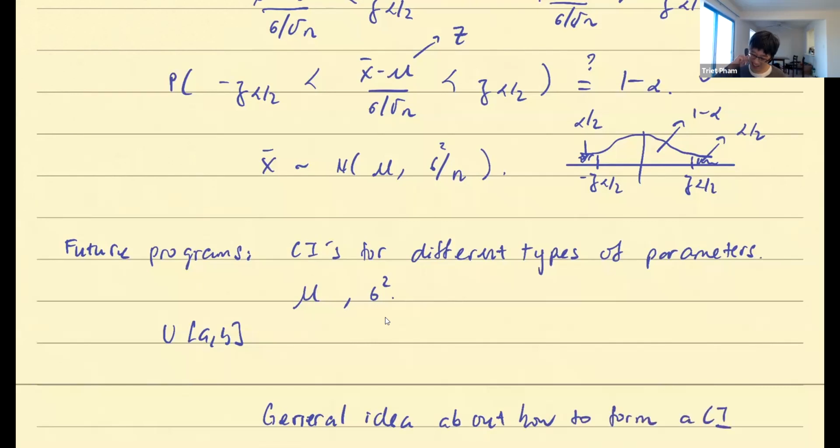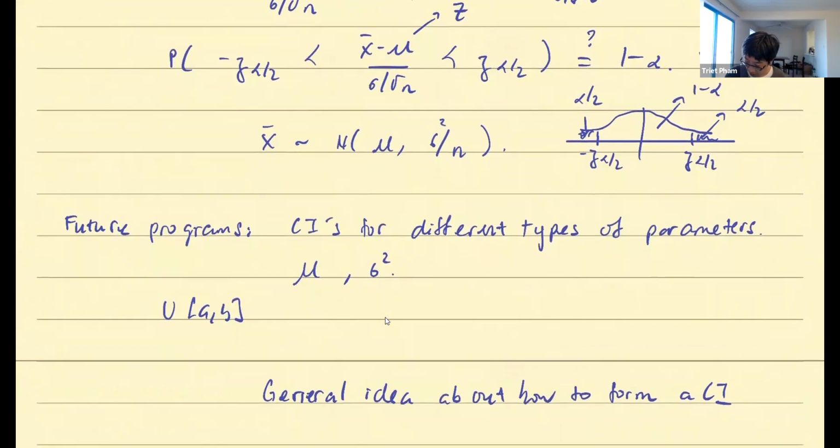In some sense, this is a quite advanced topic, because it depends on how you approach the distribution. There are many ways to form confidence intervals. I want to dispel the idea that a confidence interval is just a formula. But discussing the general ideas is too much for this class.